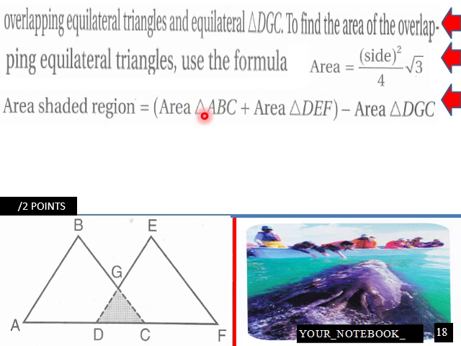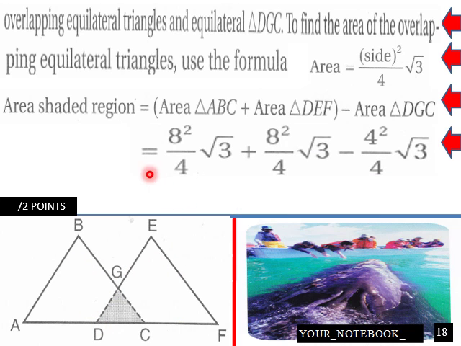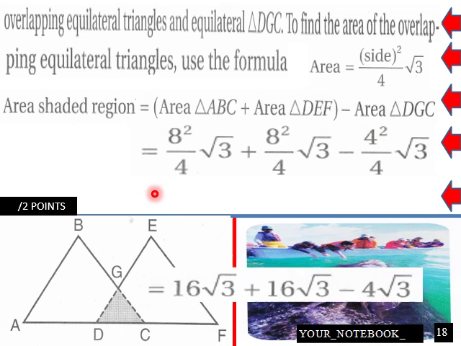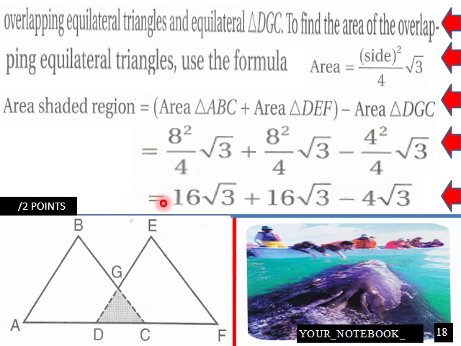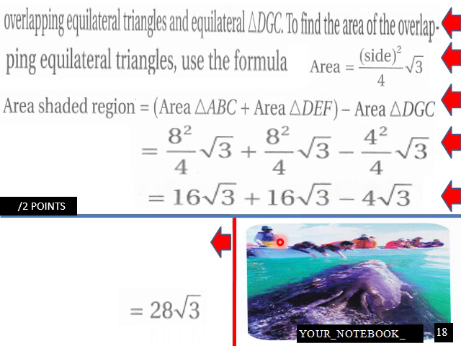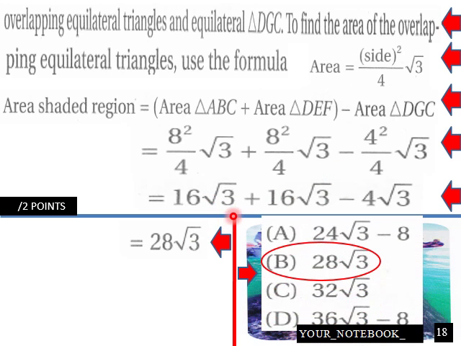Area of the shaded region is area ABC plus DEF minus area DGC. We plug in our values there, and this comes out to 28 times square root of 3. And there it is for B.